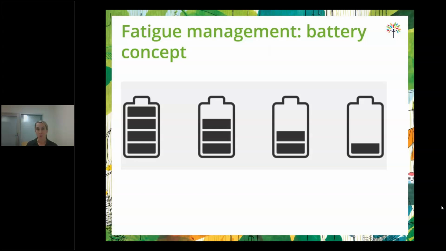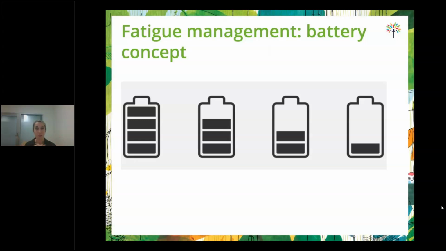And so we might talk about it in terms of thinking, how can we make your battery last for the whole day so that you can do the activities you want and need to do? And an analogy I might often use also in clinic is that if we're doing lots and lots of activity really close together, so we wake up in the morning and we're doing a lot of activity at the start of the day before we even get to school, our battery is going to drain much quicker than if we pace that activity across the day.